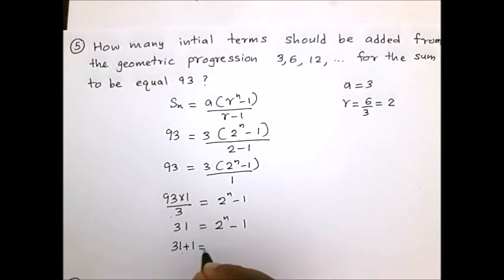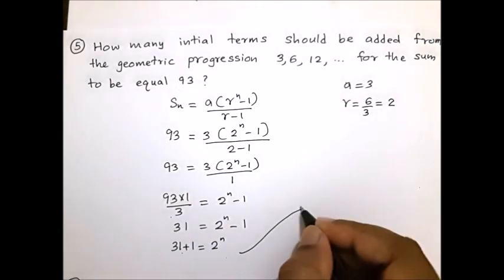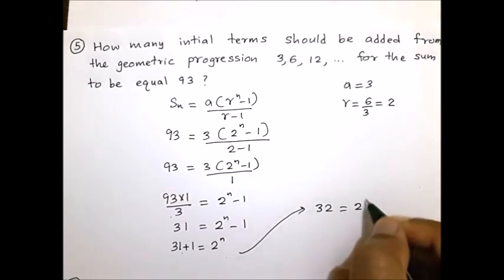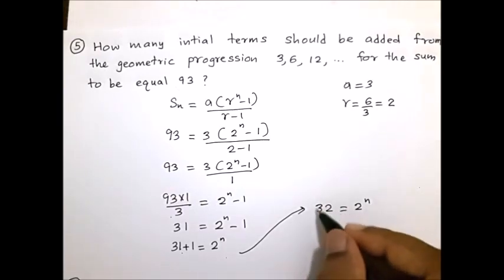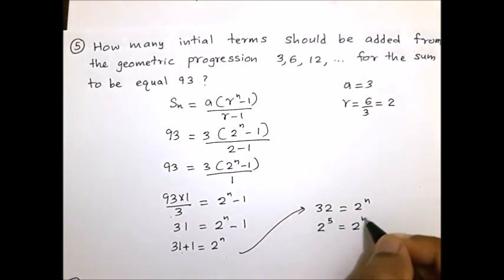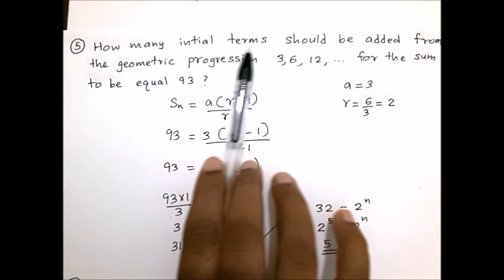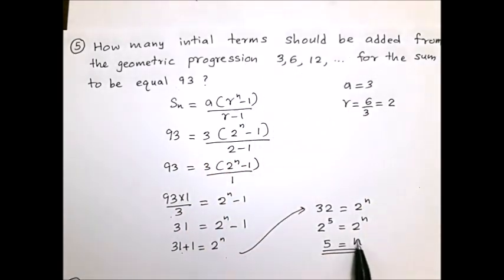It is plus 1. 31 plus 1, 32 equals 2 to the power n. Now write this as a power with base 2. It is 2 to the power 5. Now both sides have the same base, so you can equate their indices. N is 5. The question asks, how many initial terms should be added? You have to add 5 terms to obtain the sum as 93.